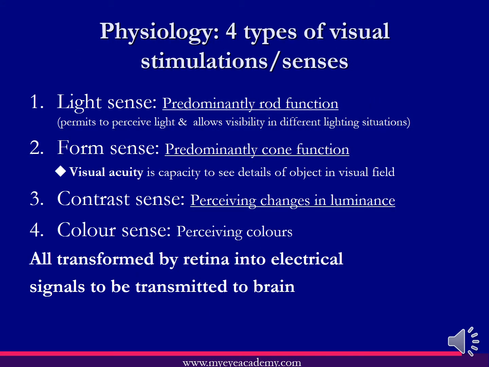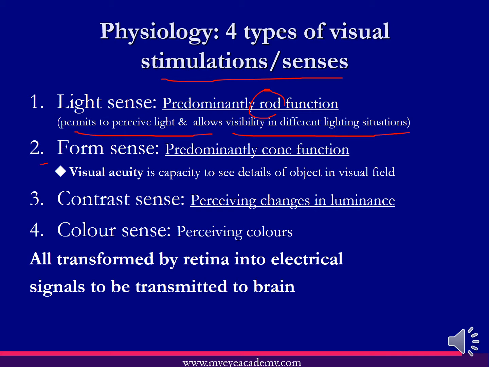After defining vision, we need to learn there are four types of visual stimulation or senses. The first is light sense, which is predominantly a rod function. It permits us to perceive light and allows visibility in different lighting conditions, which means that because of the light sense, we are able to see during the day and during the night.